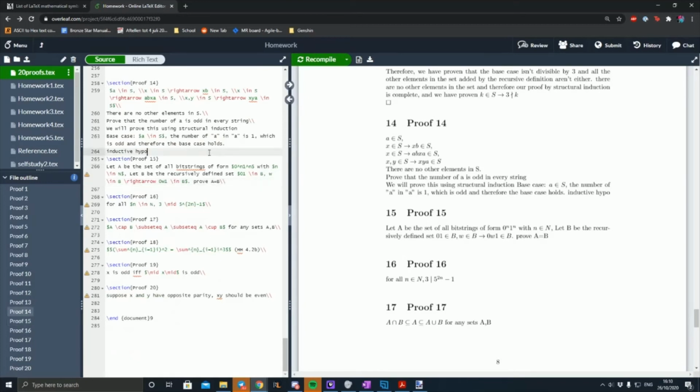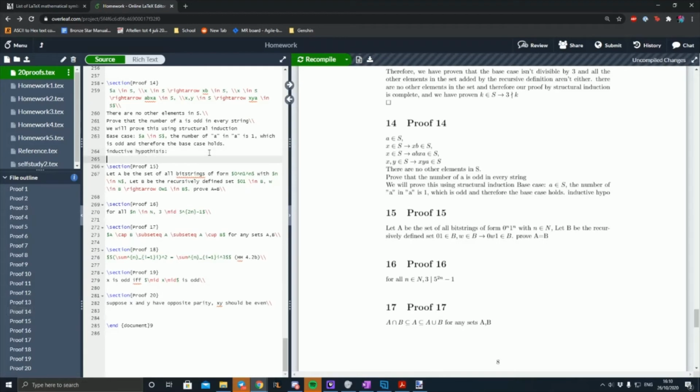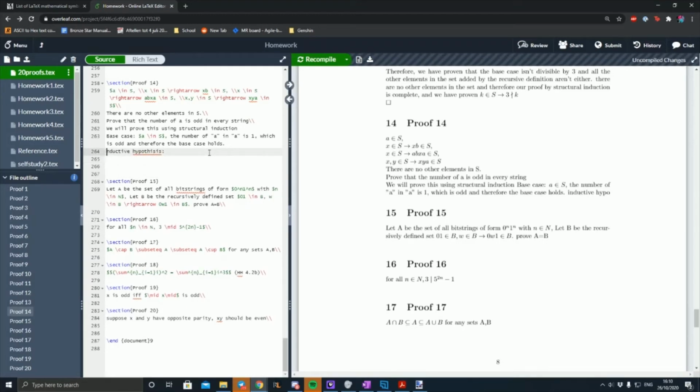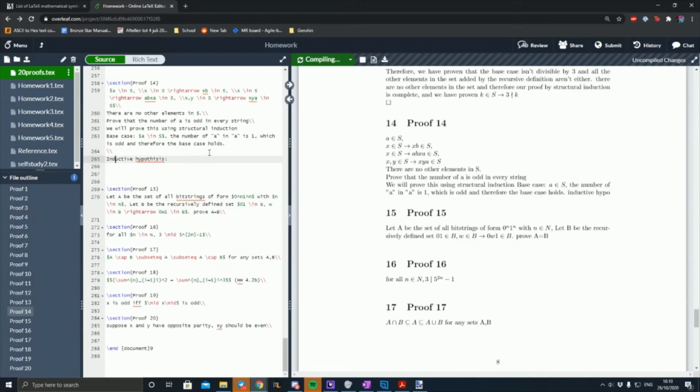Okay, so we have the inductive hypothesis. I'll add it.